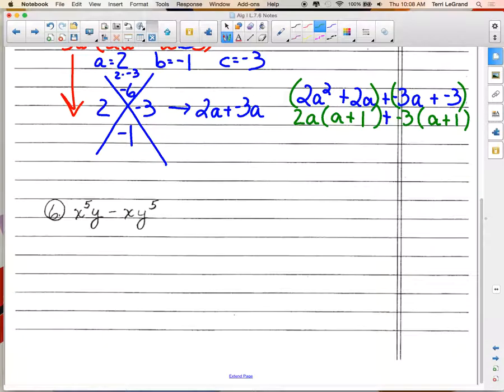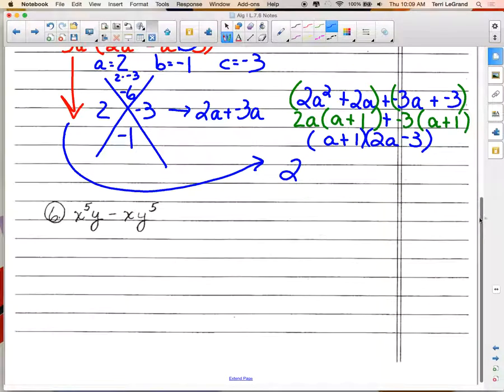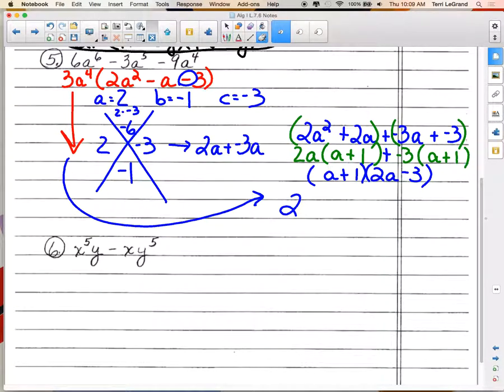So our factored name for this trinomial is? But don't forget about this guy over here, remember him? 3a to the 4th.